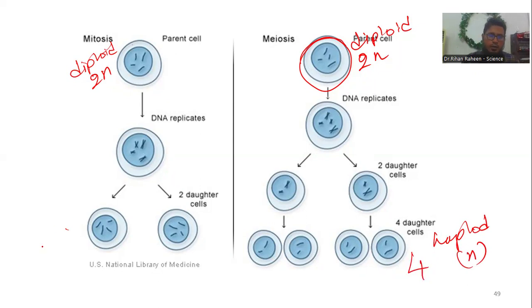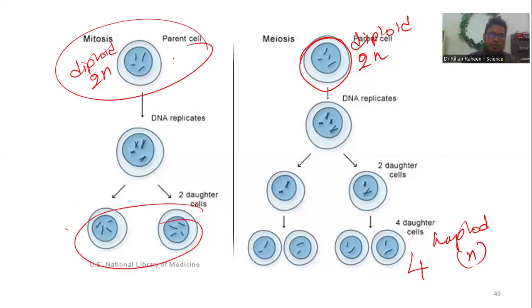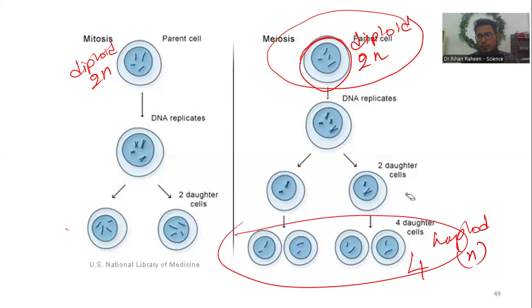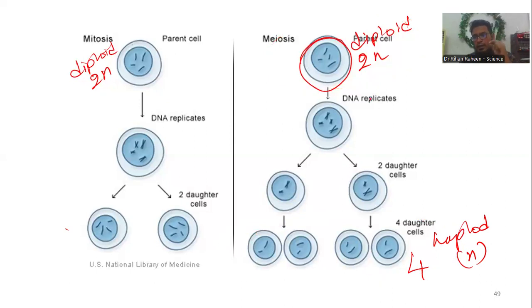In mitosis, if it starts from haploid, it will end with haploid; if it starts from diploid, it will end with diploid. But in meiosis, it can start only from diploid and finally haploid will be there. So if I say a statement like diploid cells cannot undergo meiosis, is it correct or wrong?